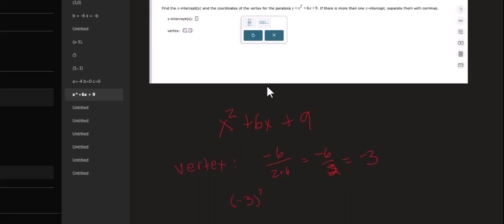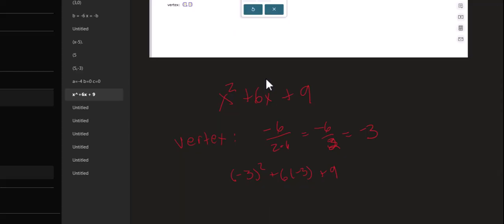Negative 3 squared plus 6 times negative 3 plus 9. 9 minus 18 plus 9 is 0. So my vertex is minus 3, 0. That's my vertex.